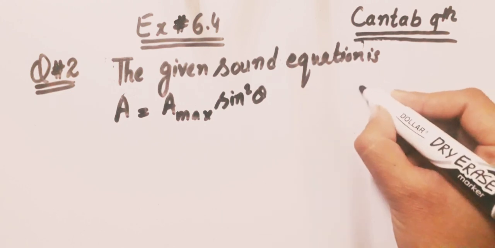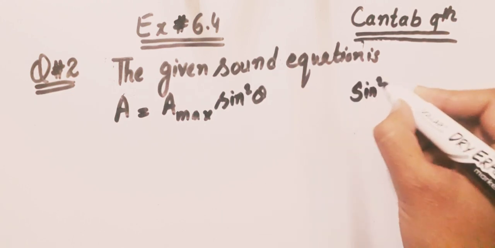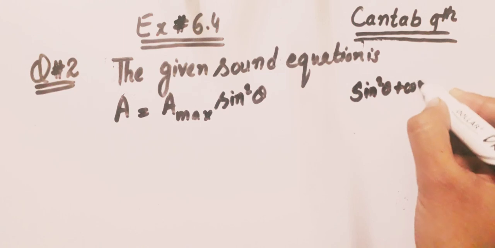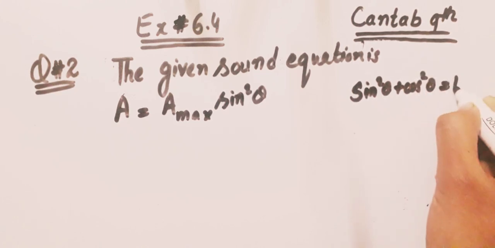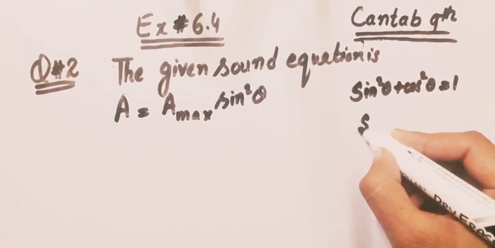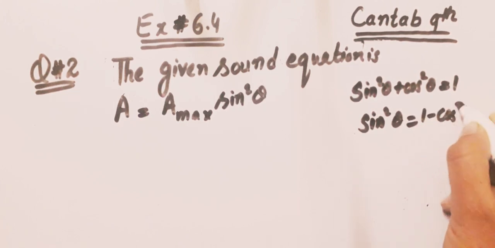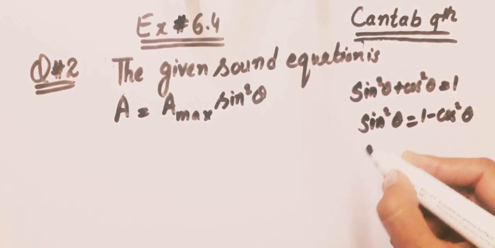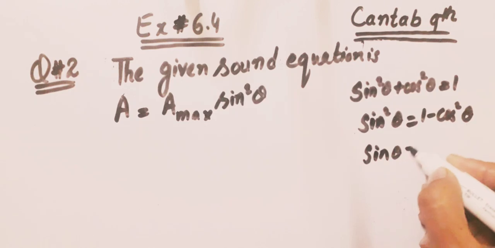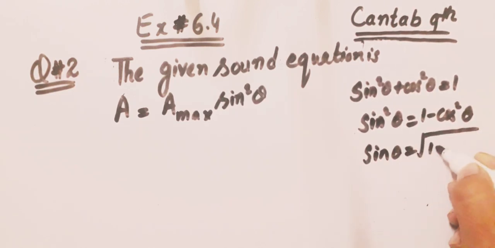So, you know that sine square theta plus cos square theta is equal to 1. So, sine square theta is equal to 1 minus cos square theta. And then sine theta is equal to square root of 1 minus cos square theta.